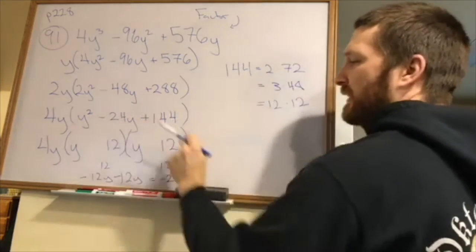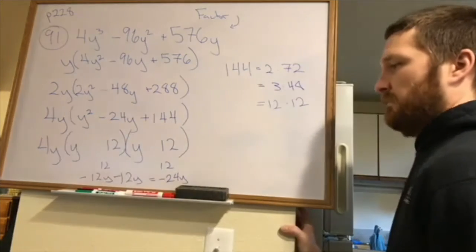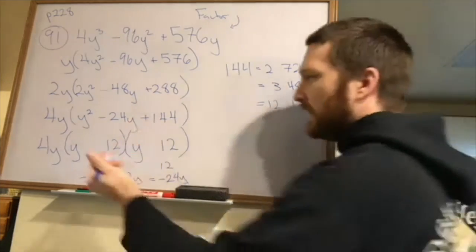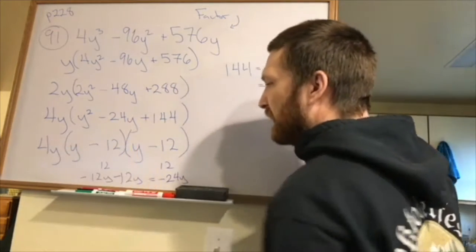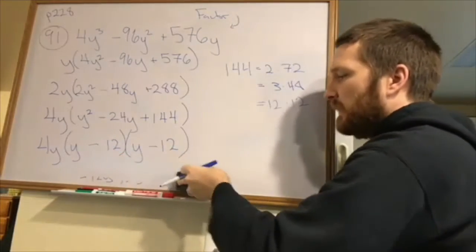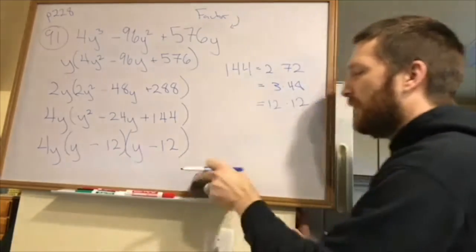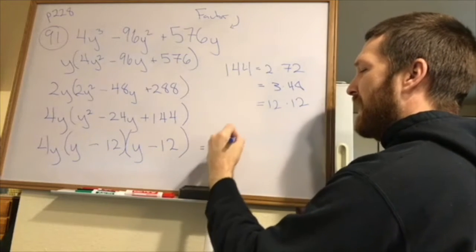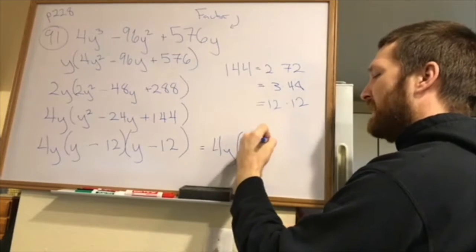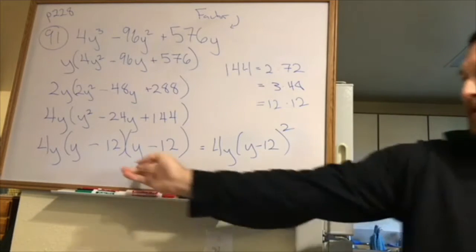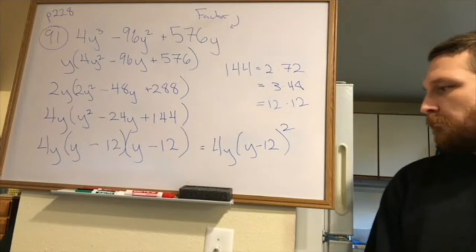So what do I put in here and here for the signs? Two negatives. Negative here and a negative there. And if we wanted to be really slick, we can rewrite this and say that's the same as 4y times y minus 12 squared. But if you leave it like that, that's fine too.